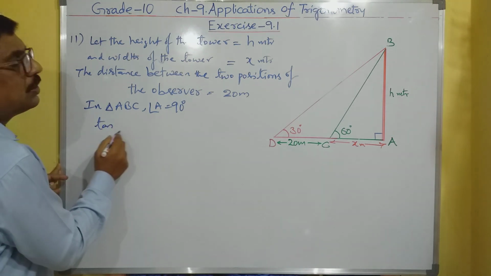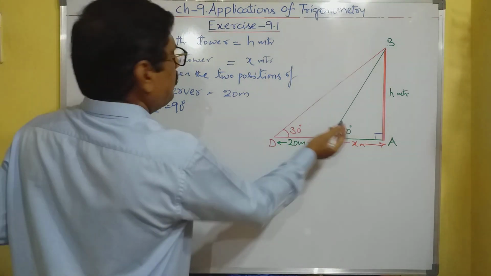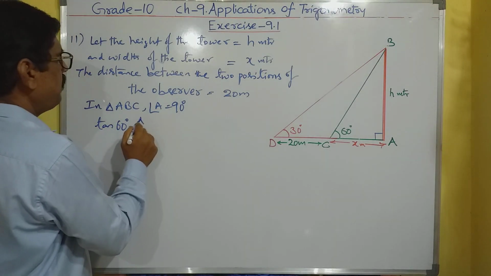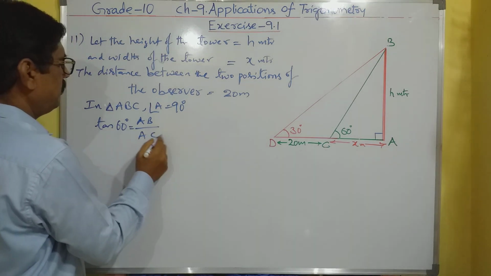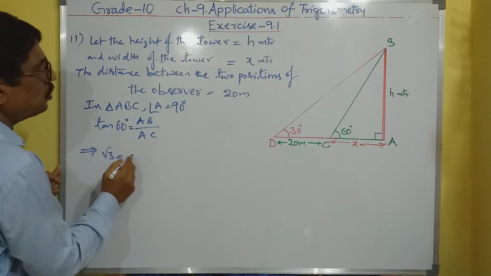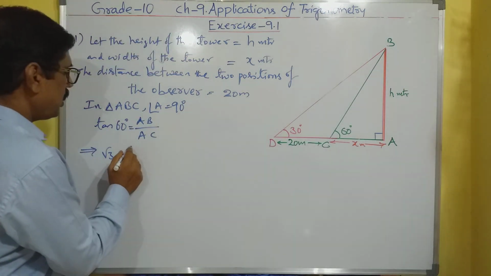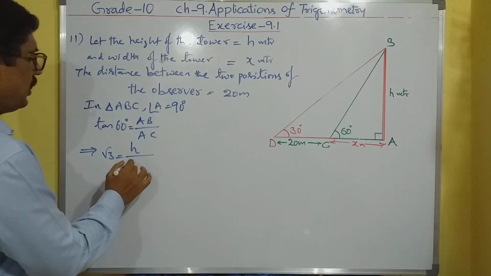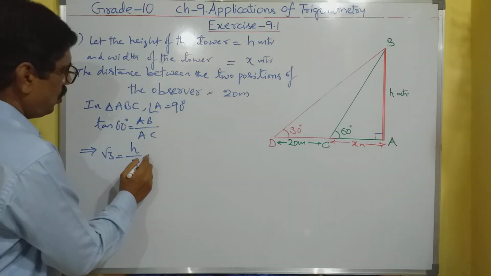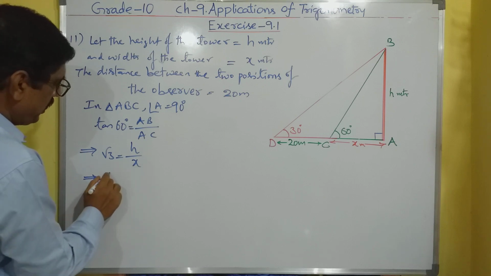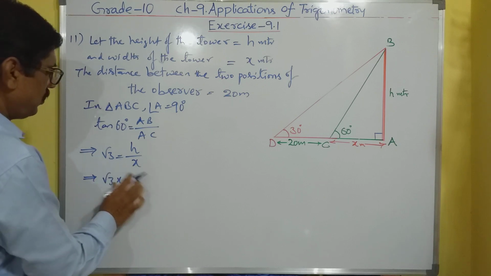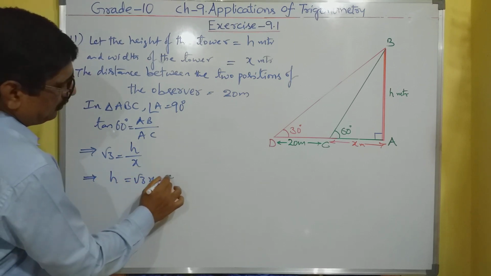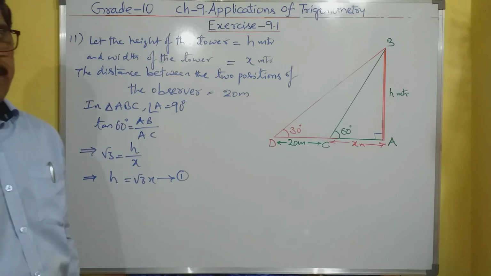Tan theta is equal to, here theta is 60 degrees in the small triangle, opposite side AB by adjacent side AC. What is the tan 60 value? Root 3. What is AB? Which is not given, the height of the tower, that is h. And what is AC? That is x, the width of the river, which is also not given. From this, if you take x to the LHS, we get root 3 x is equal to h. Otherwise, simply we can write it as h is equal to root 3 x. Say this is equation 1.